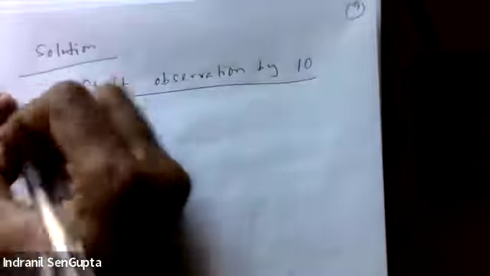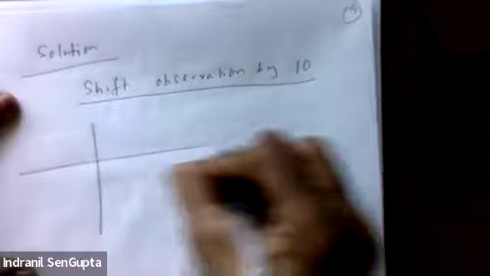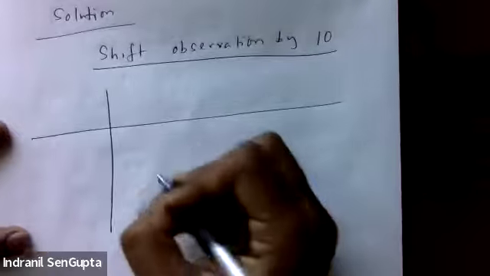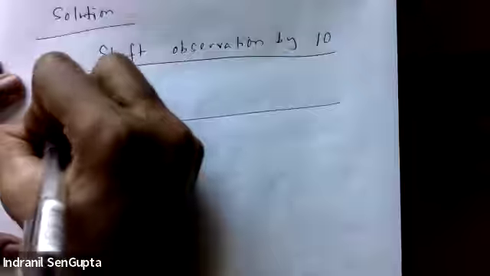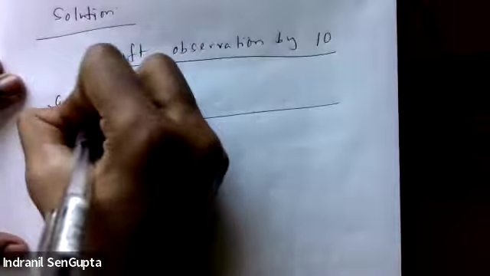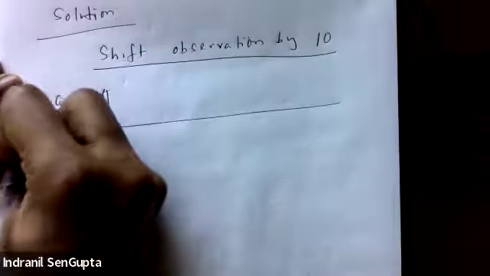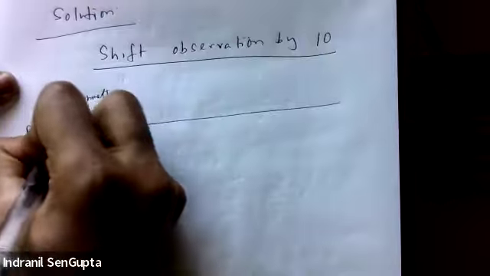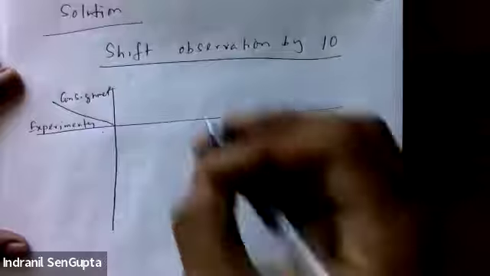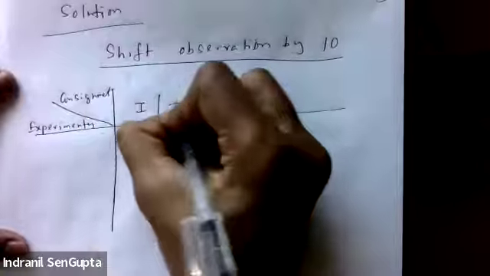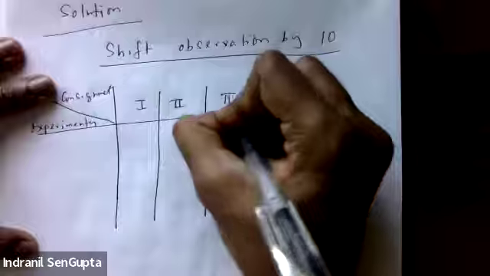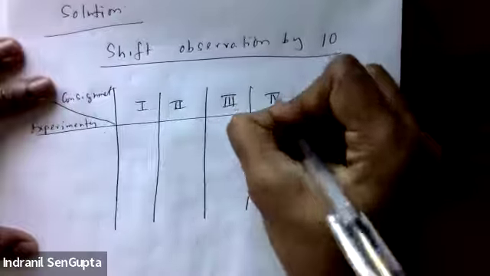So the new table becomes the following. I'll draw the same table. So we have consignment and then we have experimenter. So there are 4 consignments, 1, 2, 3, and 4.